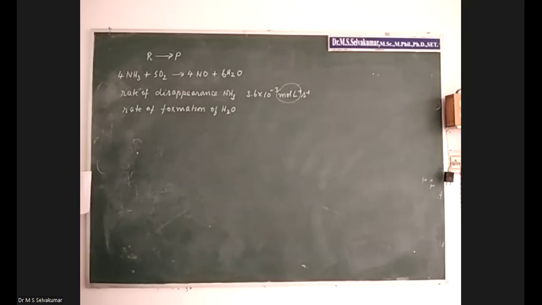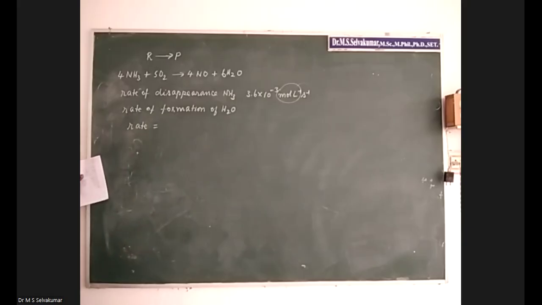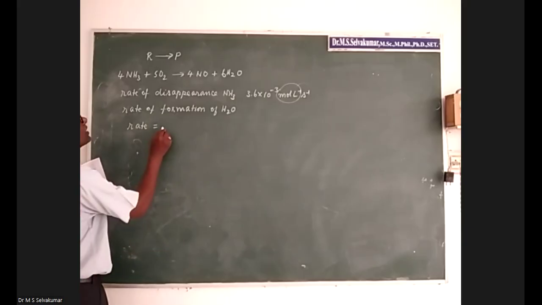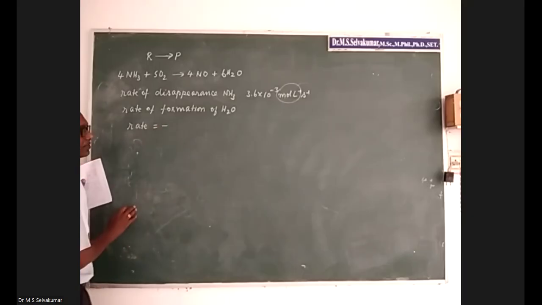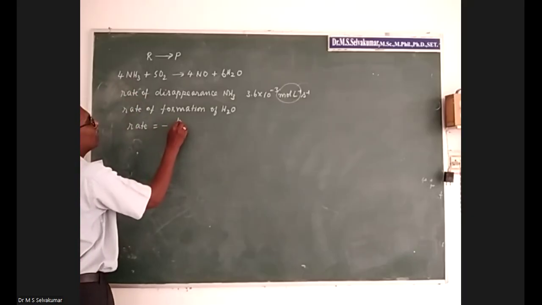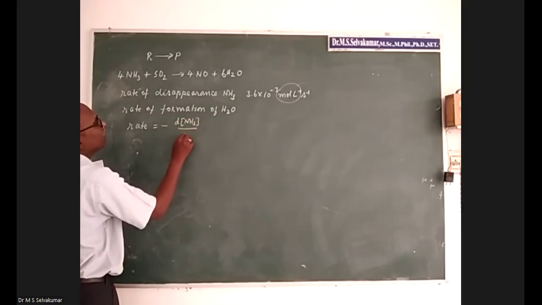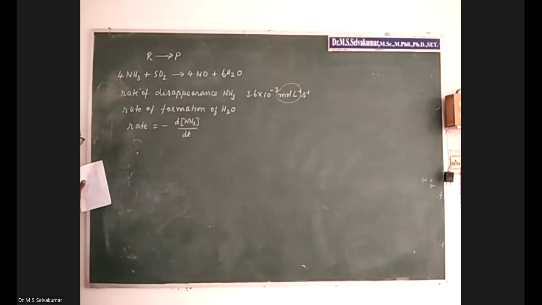That is the question. First of all, you should know how to write the rate expression. The rate of any equation is equal to, if it is a disappearance, then put a minus sign: minus d concentration of ammonia by dt. But you should multiply this with the inverse of the stoichiometric number.